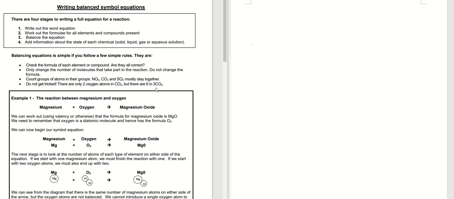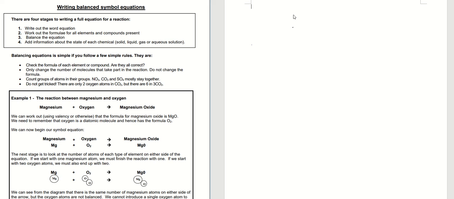But if we put a 3 in front, then we have a coefficient that tells us the total amount of that particular molecule. Say for example, we'll use carbon dioxide as our example here. I'll make it a little bit bigger. This little 2 here, we call the subscript.